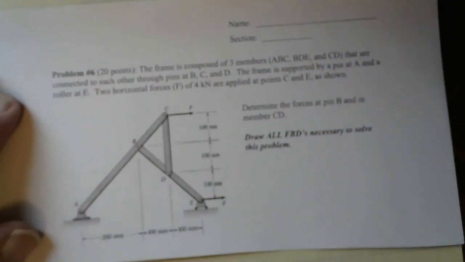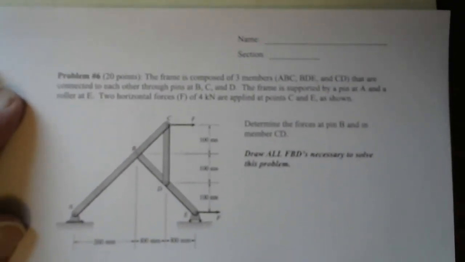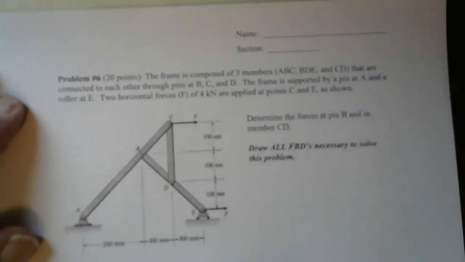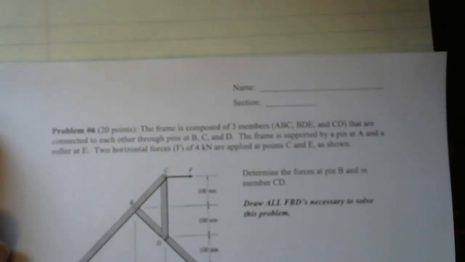So when you go over that solution, just keep that in mind. If you've already gone over that solution, you probably said, hey, it's not pound-feet, it's pound. Okay, so for problem number 1, FBE is minus 61.25 pounds, not pound-feet. So let's turn our attention then to problem number 6.